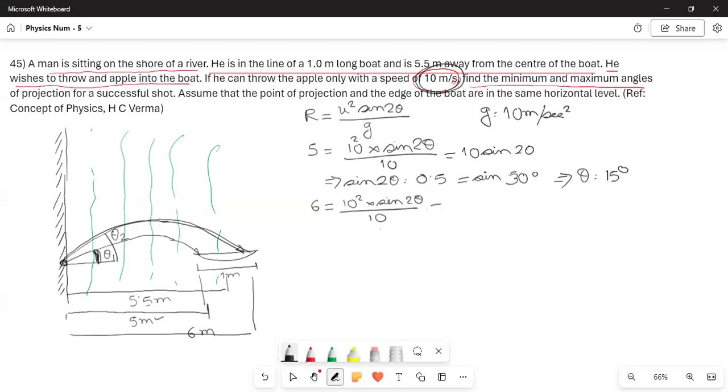If you do the same calculation, you will find theta is equal to 18.5 degree. That means the boy can throw the apple at any angle between 15 and 18.5 degree, and the apple will fall somewhere on the boat.